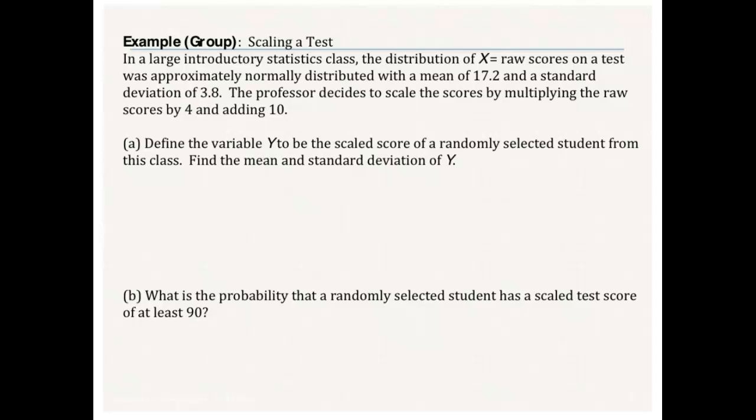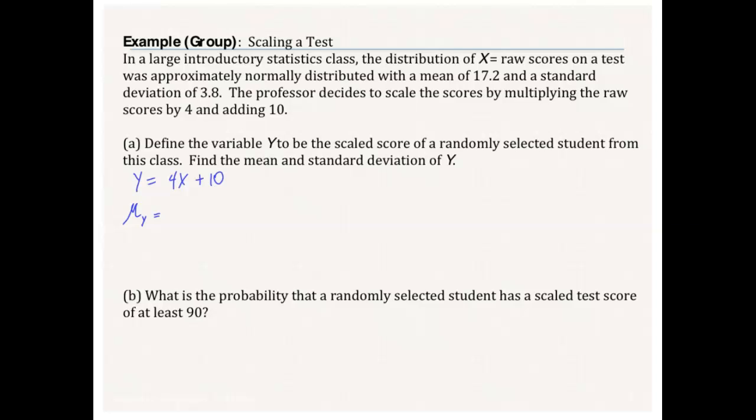All right, so first of all, let's define y based on x. So y equals 4 times x plus 10, right? All right, find the mean and standard deviation of y. So here's how we do it, right? Mean of y. Mean is a measure of center.